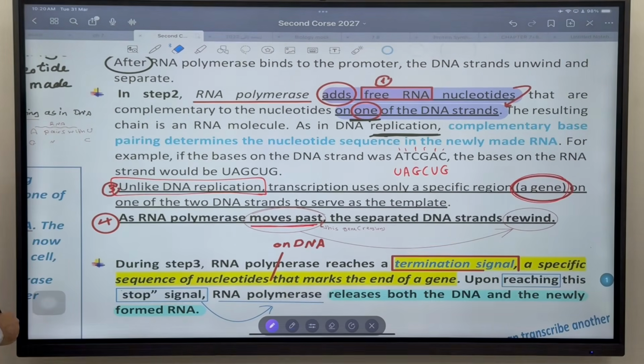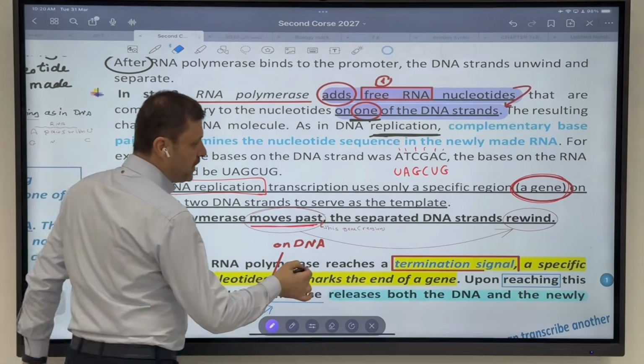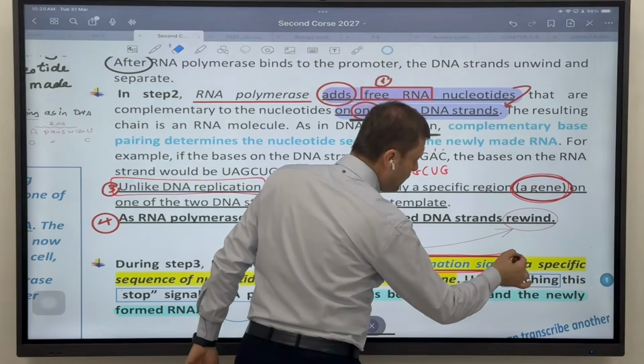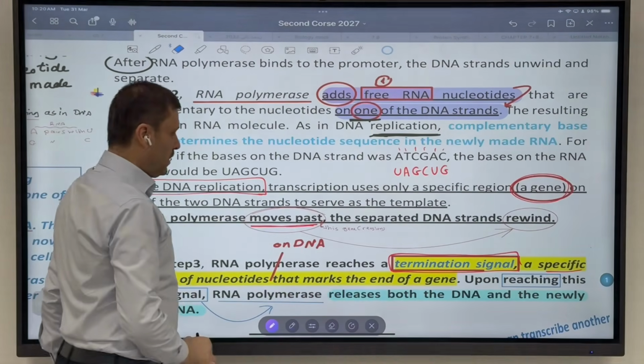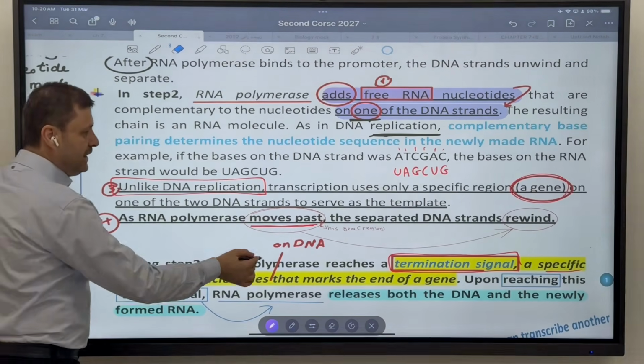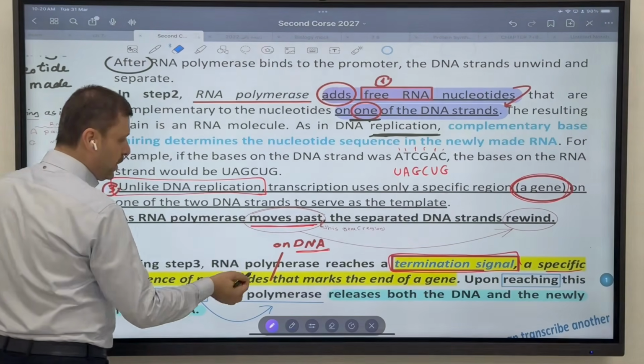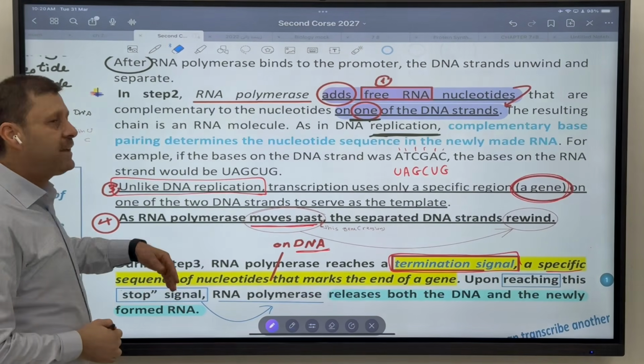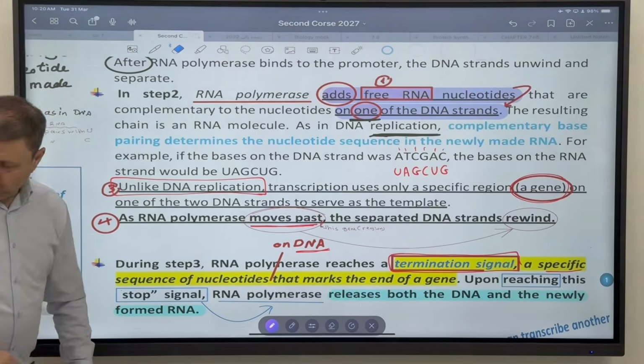Second step done. Third step, when the RNA polymerase reaches the termination signal, specific nucleotides on DNA, this stopping signal, what happens?